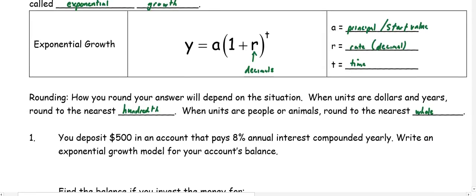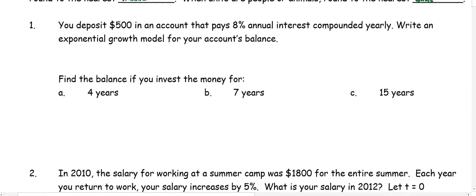So let's look at some exponential growth equation examples. Number one, you deposit $500 into an account that pays 8% annual interest yearly. Write the exponential growth model for the account balance. So our initial amount is going to stand for the A, and the 8% is going to stand for the R. So we have y equals 500 parentheses 1 plus 0.08.